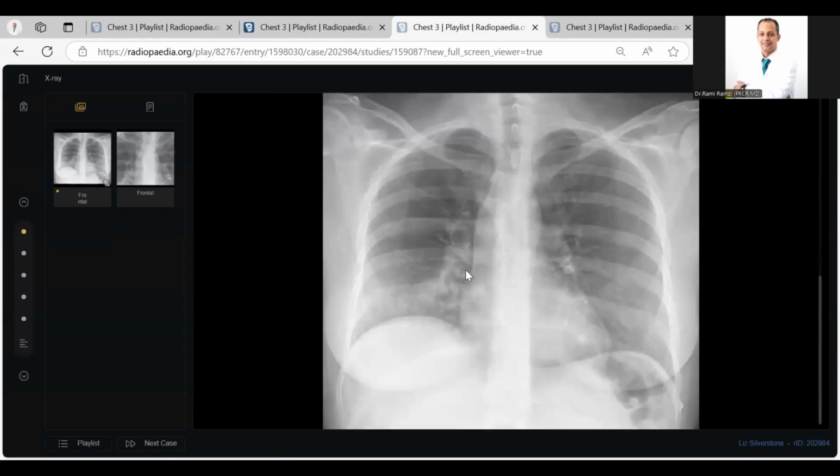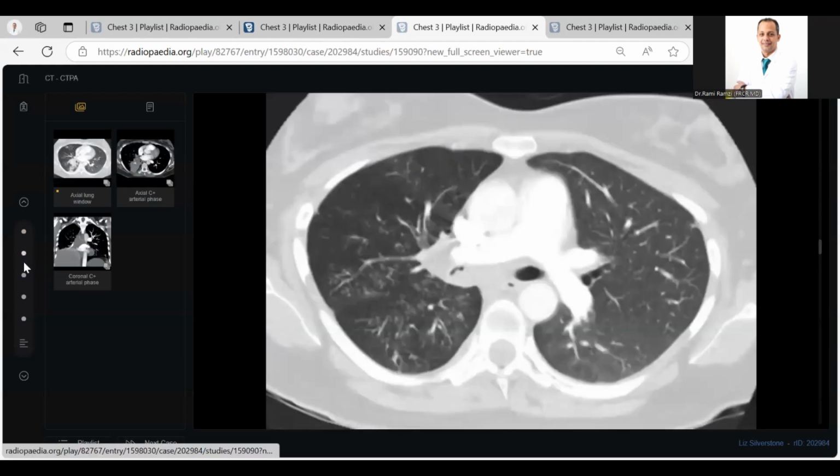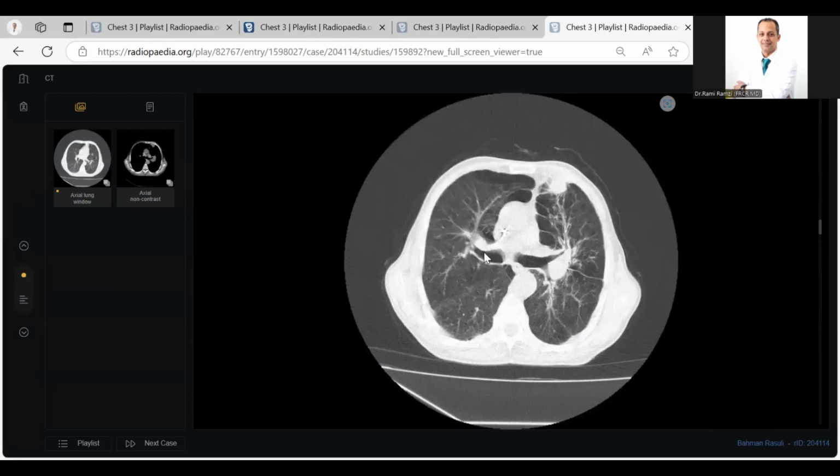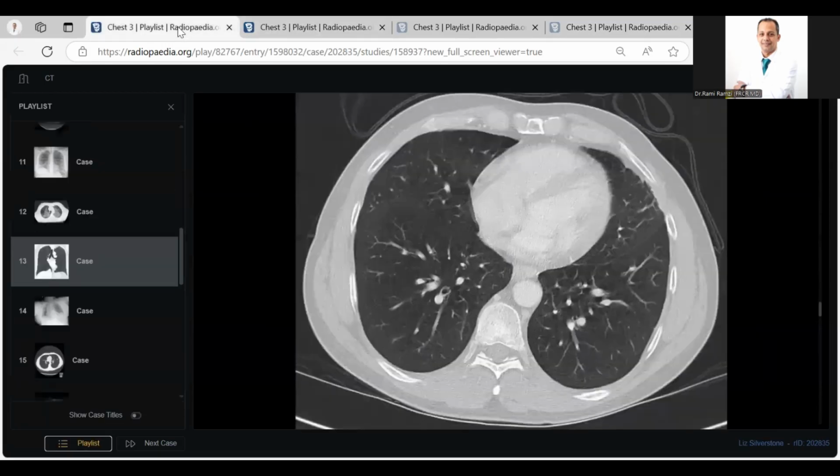Really, there is just mild consolidation. But you didn't mention there is a little bit of volume loss here, slight shifting of the heart and slight elevation of the diaphragm. I said there is a tracheal shift, I mentioned. You mentioned? Sorry, I didn't hear you. Yeah, we answered this one.